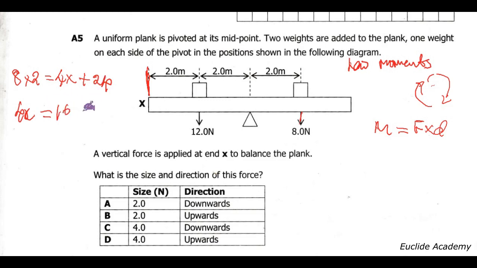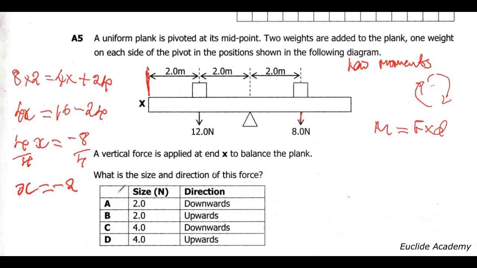We subtract it from both sides. So 4x is equal to 16 minus 24. What do we get? That's negative 8. Then we divide both sides by 4, so we have x equal to negative 2. Okay, so we get a negative.